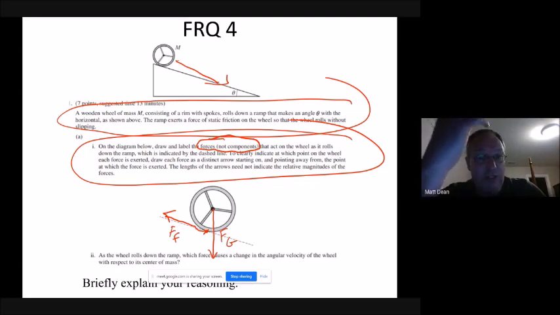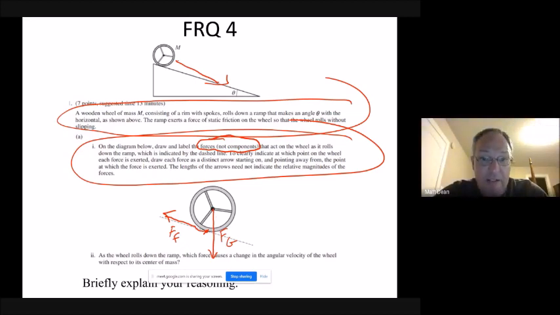So that normal force is going to act between the wheel and the plane, because that's where that force happens. And it's going to act perpendicular to the plane. So again, we need to come to where those two surfaces touch and draw in something like that so that that's a 90-degree angle. And we're going to label that as the normal force, like so.